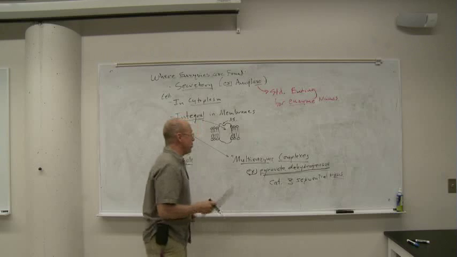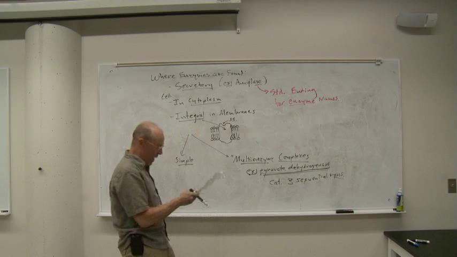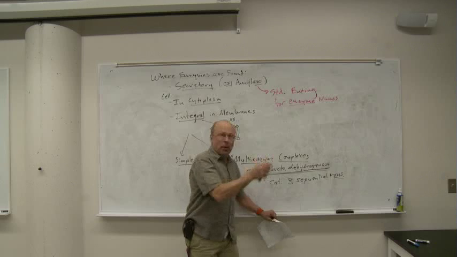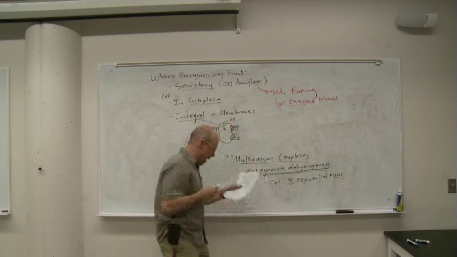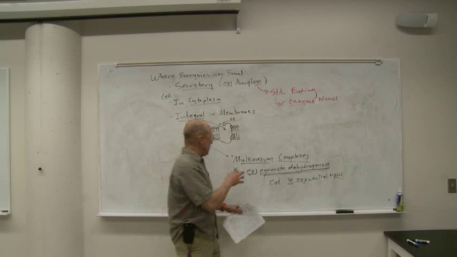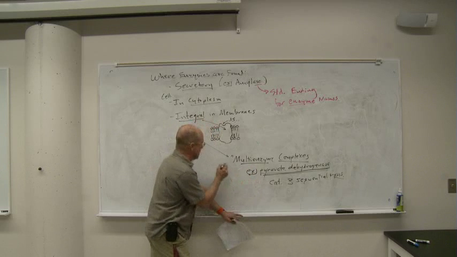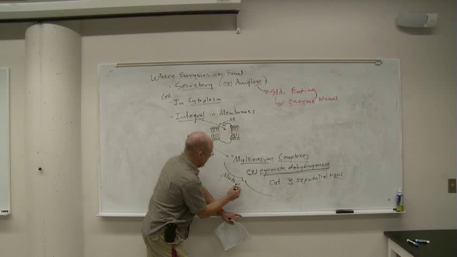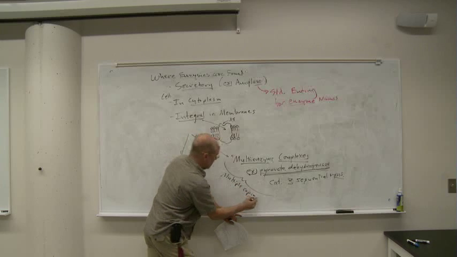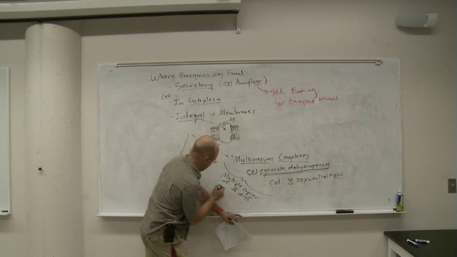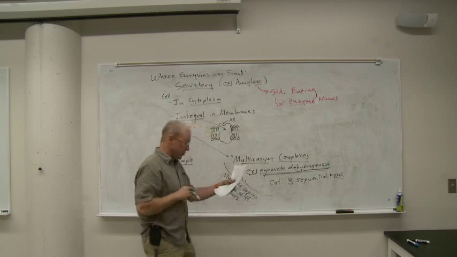So pyruvate dehydrogenase catalyzes 3 sequential reactions, meaning that the product of the first is the substrate for the next on down the line. This complex is basically made of multiple copies of 3 different enzymes that are all clustered together.